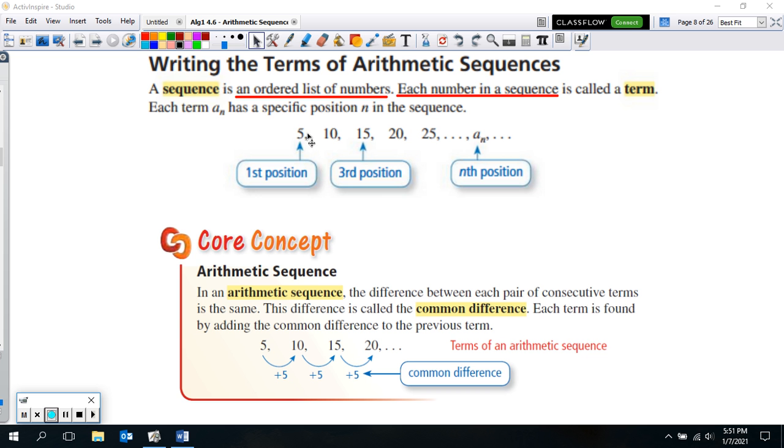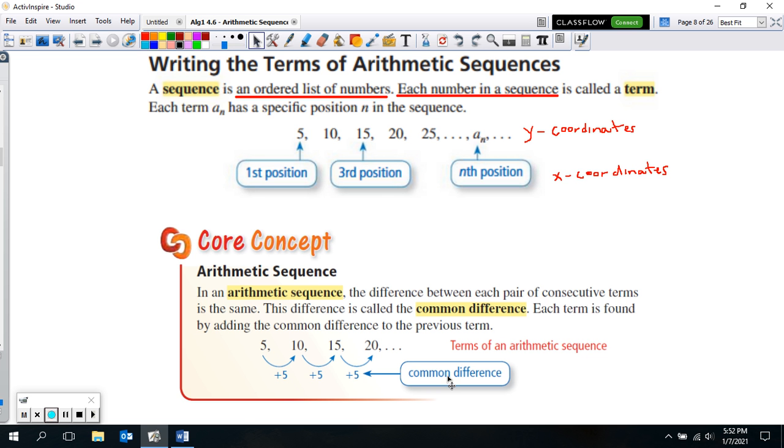So you have your sequence number 5, your position number 1, sequence 10, position 2, and so on. So the actual numbers in that sequence are your y coordinates, and the position numbers, or the term numbers, are the x coordinates. And so you can make ordered pairs out of these. So this would be a 1, 5, a 3, 15, and so on.